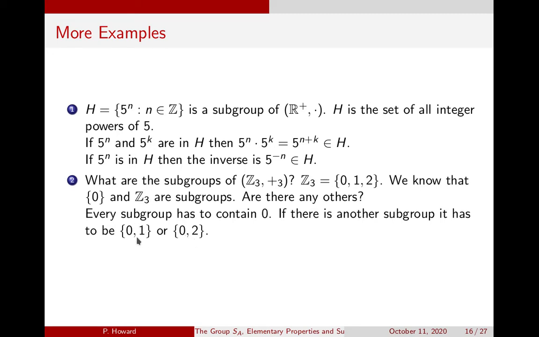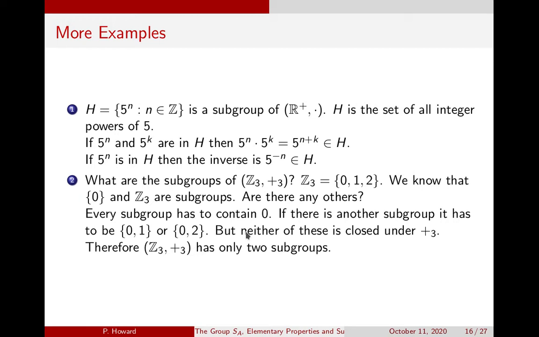But neither of these is closed under plus sub 3. 1 plus sub 3, 1 is 2, which is not in the set whose elements are 0 and 1. And 2 plus sub 3, 2 is 1, which is not in the set whose elements are 0 and 2. So what we've just argued for here is the fact that Z3 with plus sub 3 has only 2 subgroups.